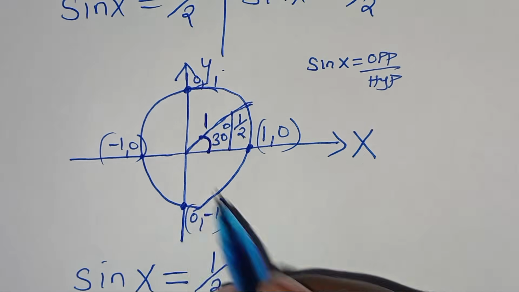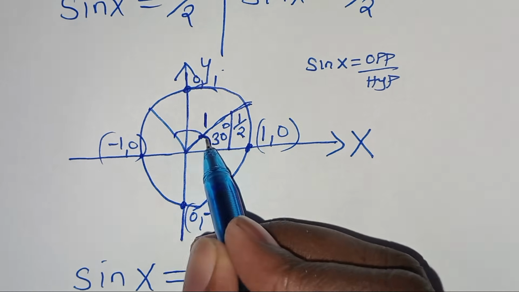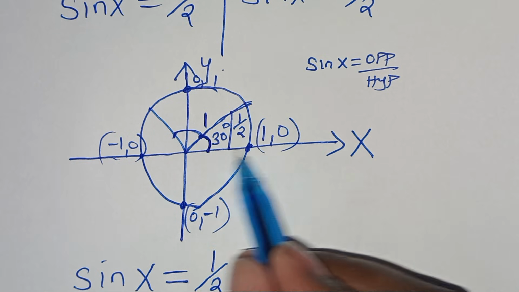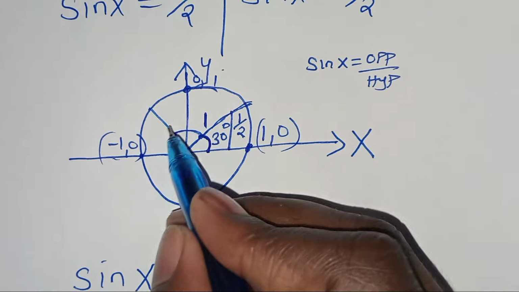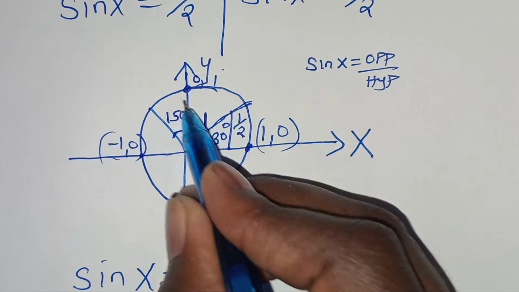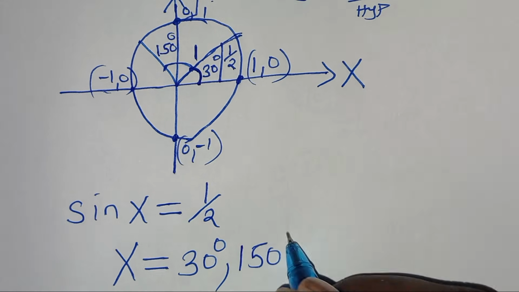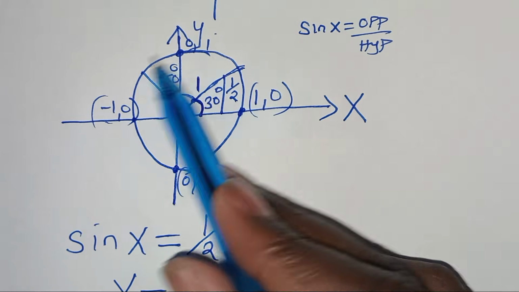The second one, we have in the second quadrant, another angle here. Angles in a straight line add up to 180 degrees. So 180 minus 30 degrees is 150 degrees. So we have 150 degrees. These are positive angles above the plane.